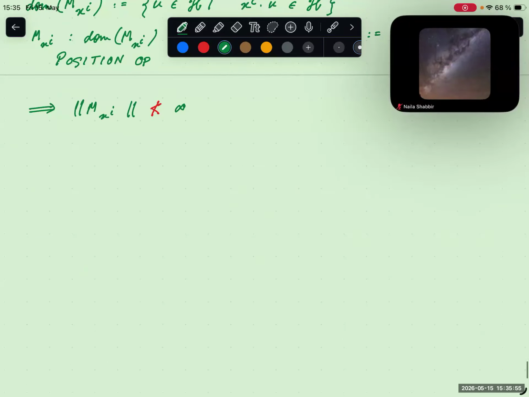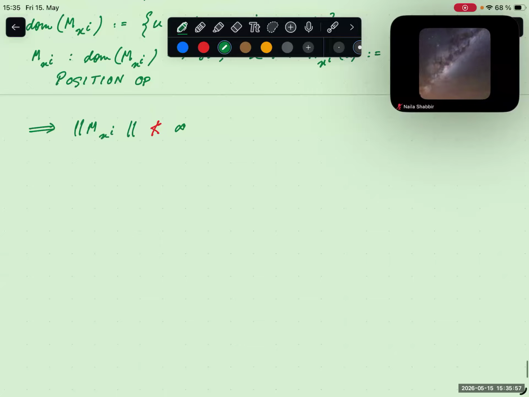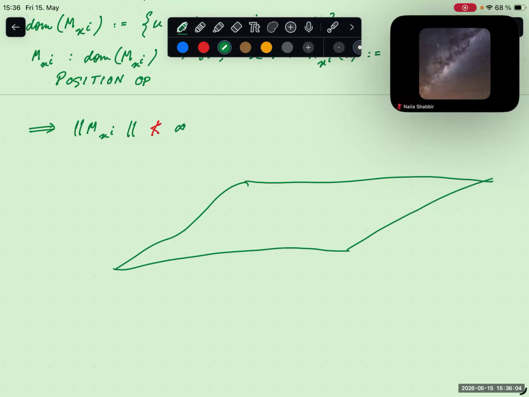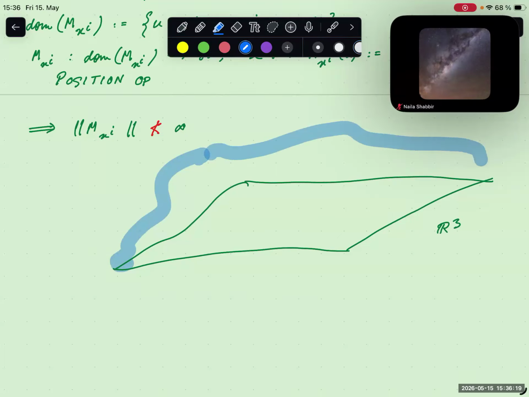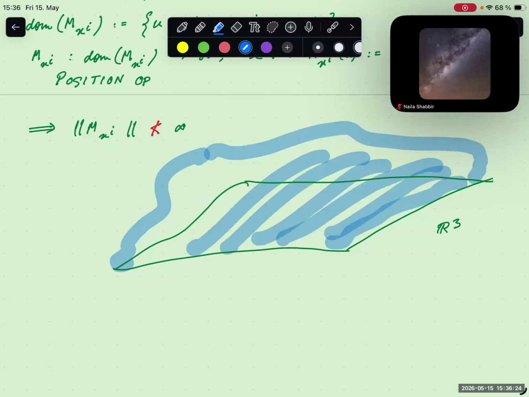Okay, so now think about in terms of this thing. So say this is our universe, R^3. And what is L^2(R^3)? This is some space defined everywhere over R^3.